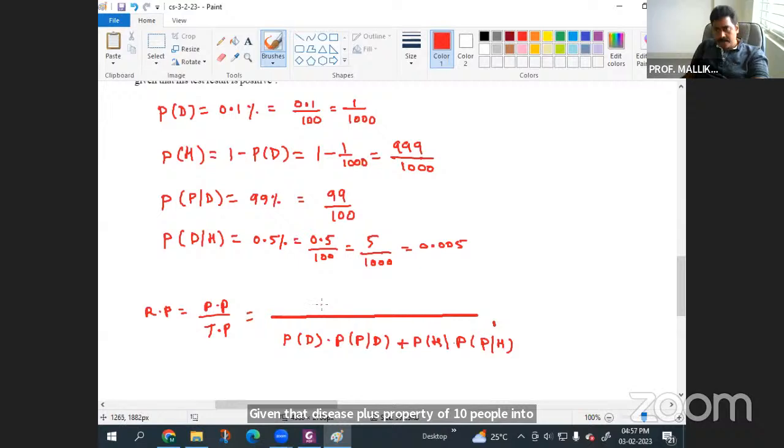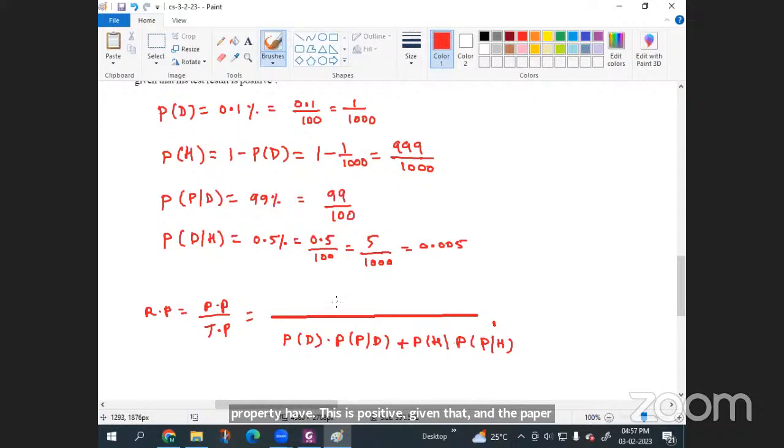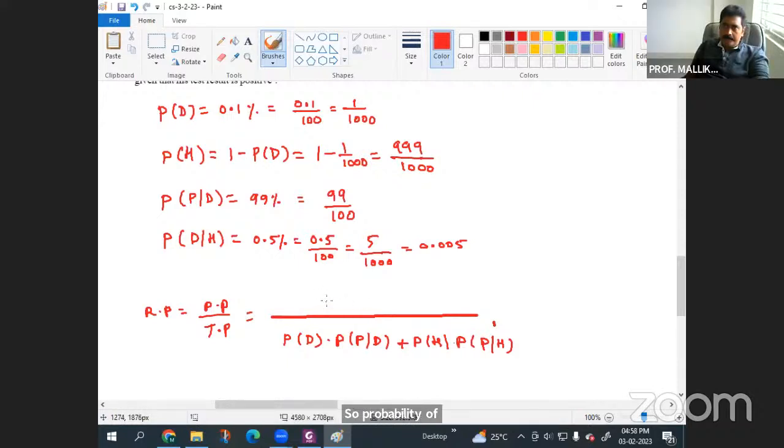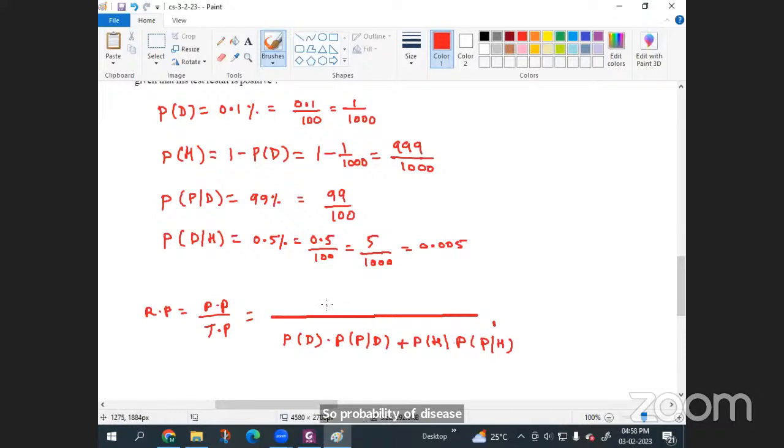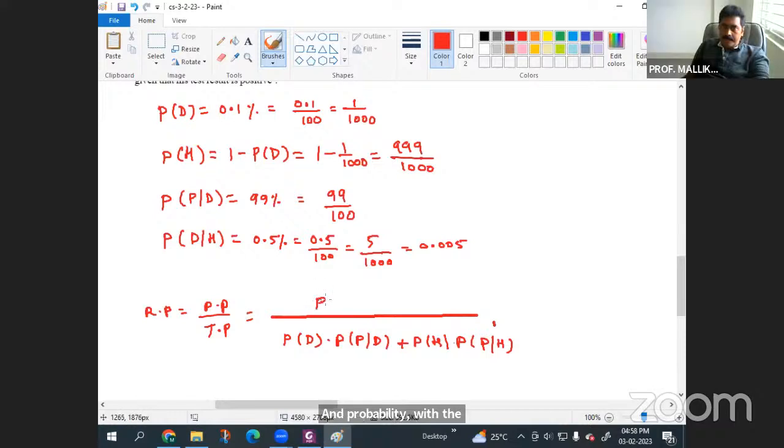Numerator, what should I write, Muskan? Probability of disease into probability of positive given that disease. That equals, now you can substitute the values. Disease means 1 by 1000 into positive given disease, 99 by 100.